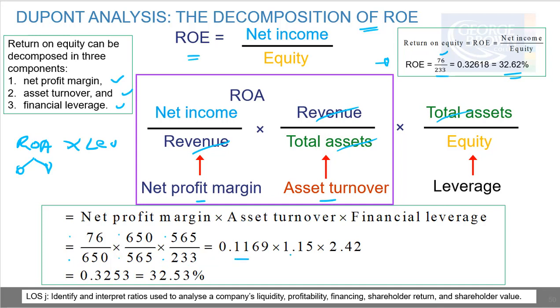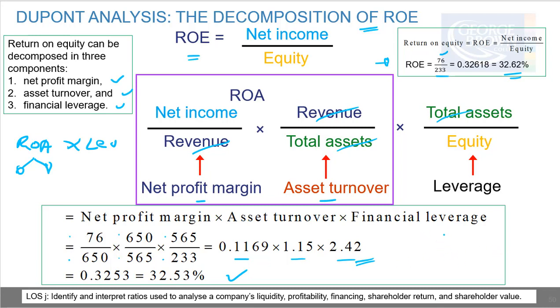That gives us 0.1169 times 1.15 times 2.42, and that gives us 0.3253, which is 32.53%. You can see it's a little bit different than my 32.62. That's just a little bit of rounding. When you're using 2 decimals versus 5, it's just going to give you a little bit of rounding difference.